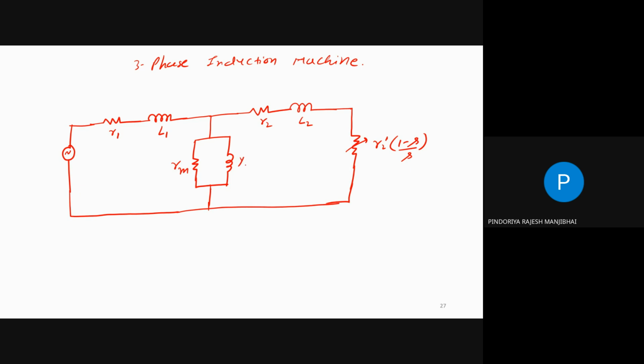RM, XM, correct? XM, otherwise we can say LM. Everywhere we are writing L, so we can say LM, and this is your IM, and here is your I1, and here is your supply voltage. Okay, so you can see this is the equivalent circuit, figure 1.